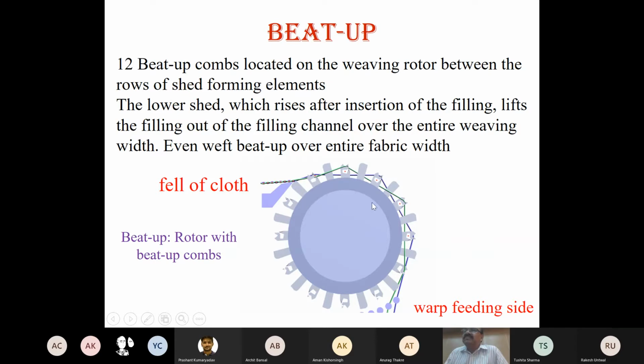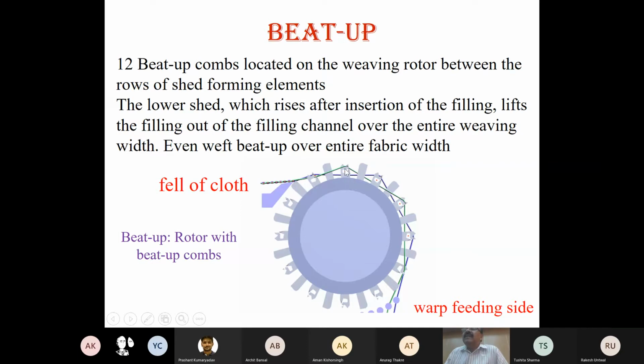Why is it so? For example, weaving is taking place. Look at this, anticlockwise is the direction of movement of yarn. So this is the fell of the cloth. Now these are the last 4 wefts inserted.